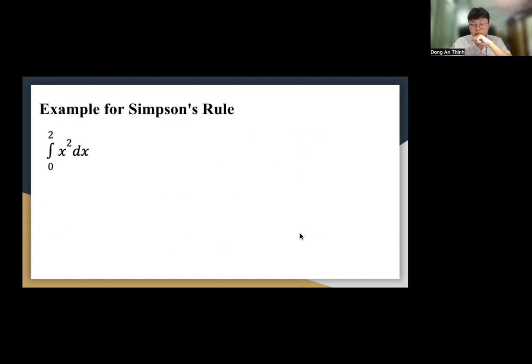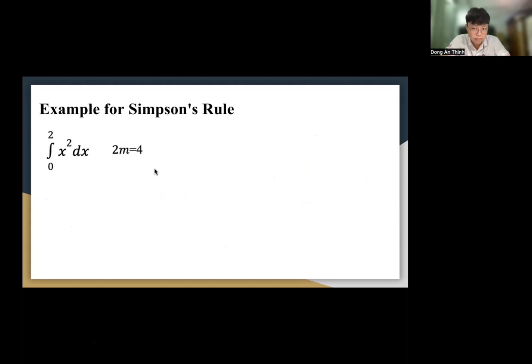Next is the example for Simpson's rule. Also, this is the same one. We have the width. Oh no, the number of splits has to be an even number, so I choose 4 splits.